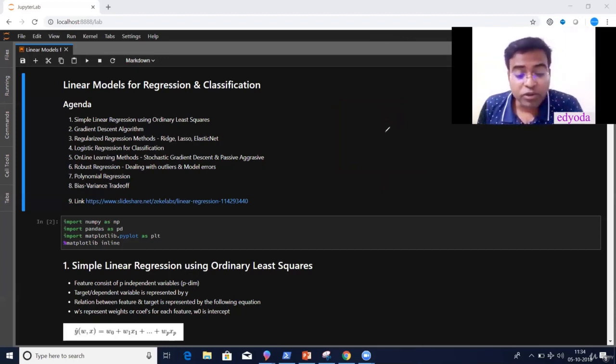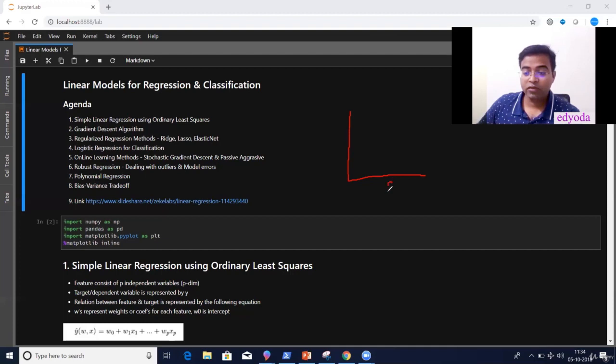The first of them is to understand simple linear regression. This is the same data. This is your square footage. This is the price of the house. This is for different values of square footage, and this is for different values of price.